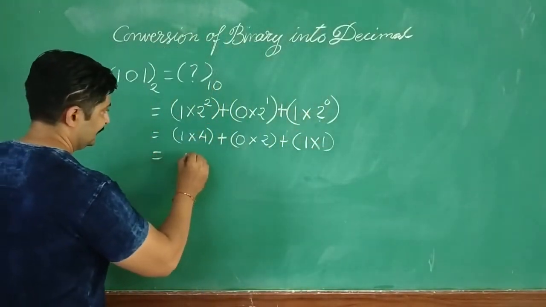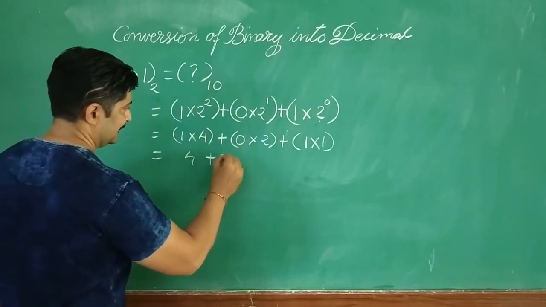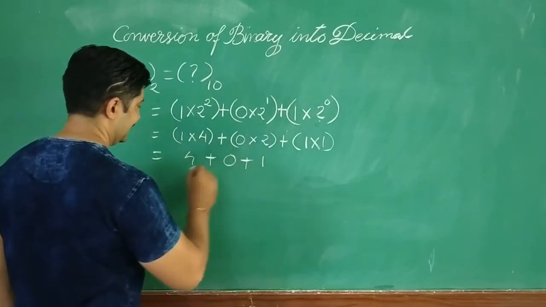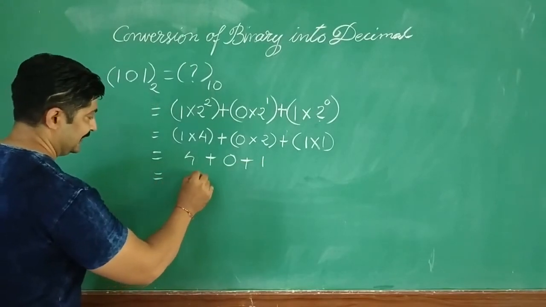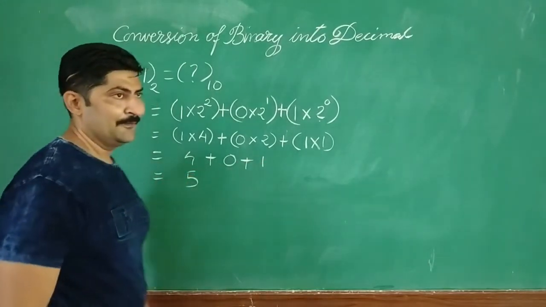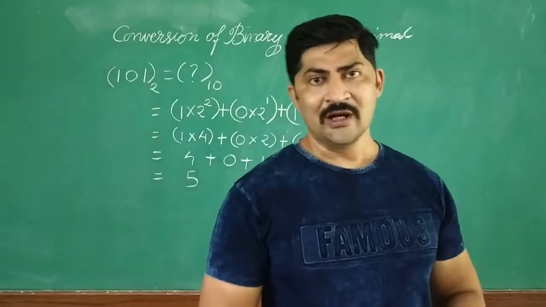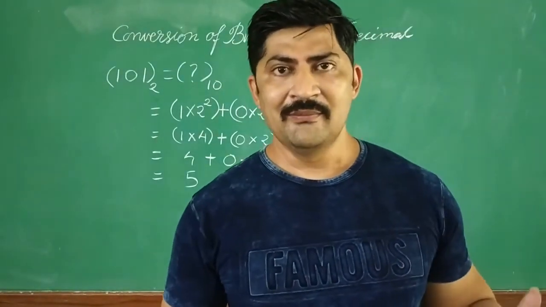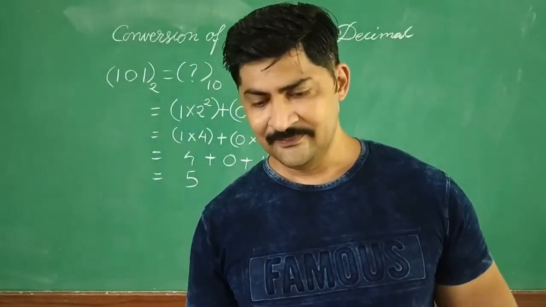So 4 plus 0 plus 1. So the answer here is 5. So this is the method how to convert a binary number into decimal.